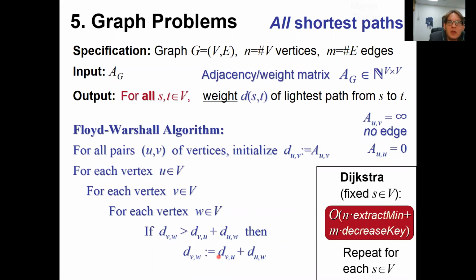Again, we have this kind of loop invariant that the distance maintained algorithmically in this array will always be greater or equal to the mathematical distances, because it is true initially, and whenever such a change happens, that change is kind of justified by the existence of a path with that improved weight.